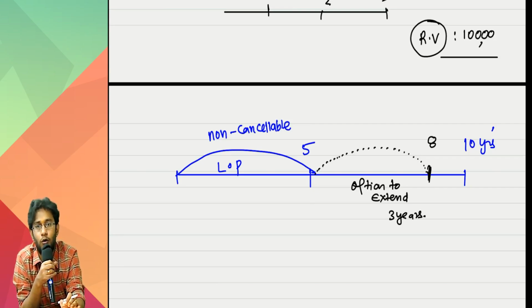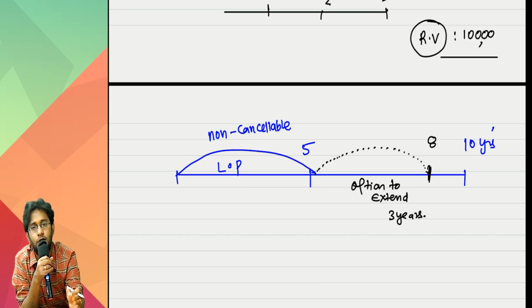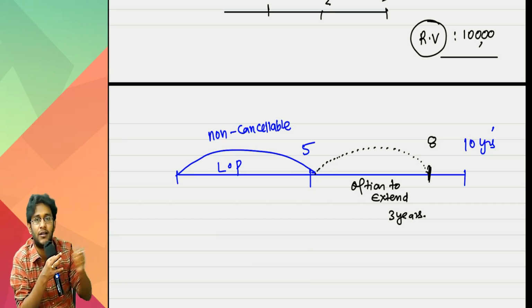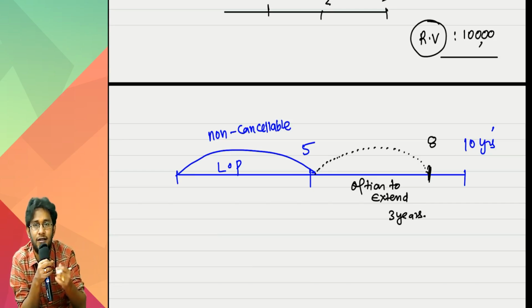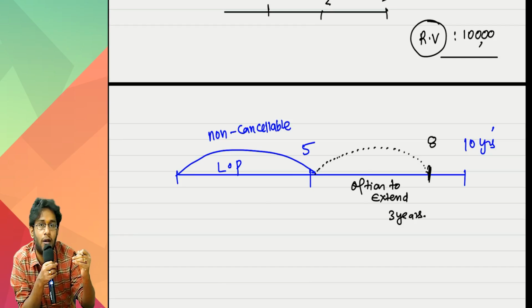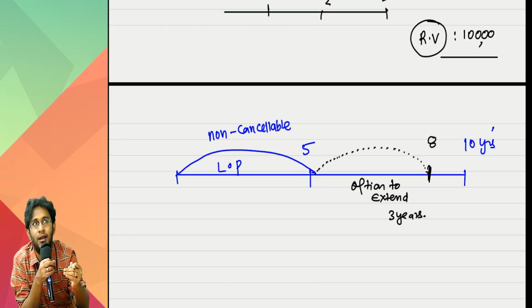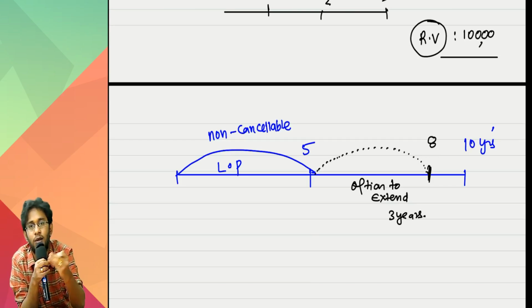Now I do not know whether that fellow will exercise this extension option or not. And what the standard asks is, in this extended period, whatever lease rents you are charging, are they significantly showing an incentive to the lessee so that he will exercise the option?